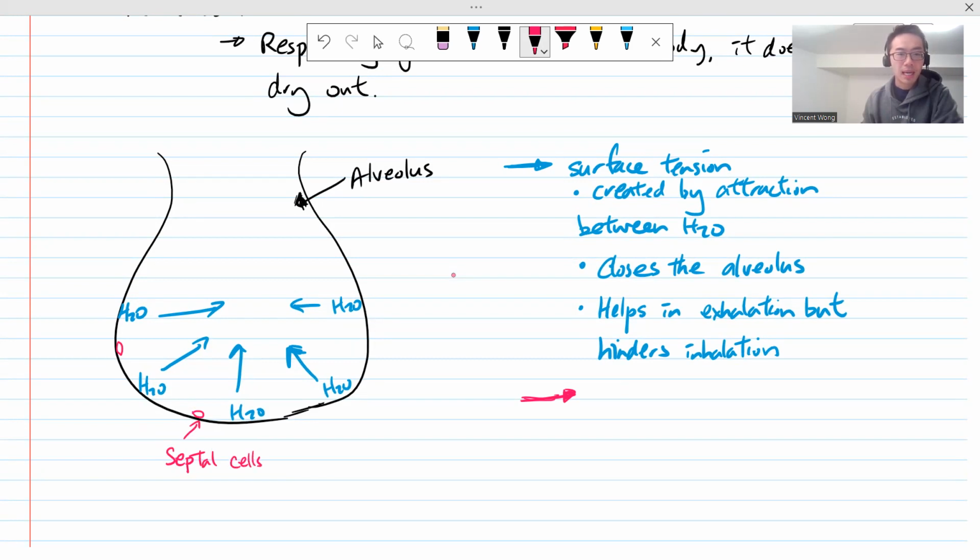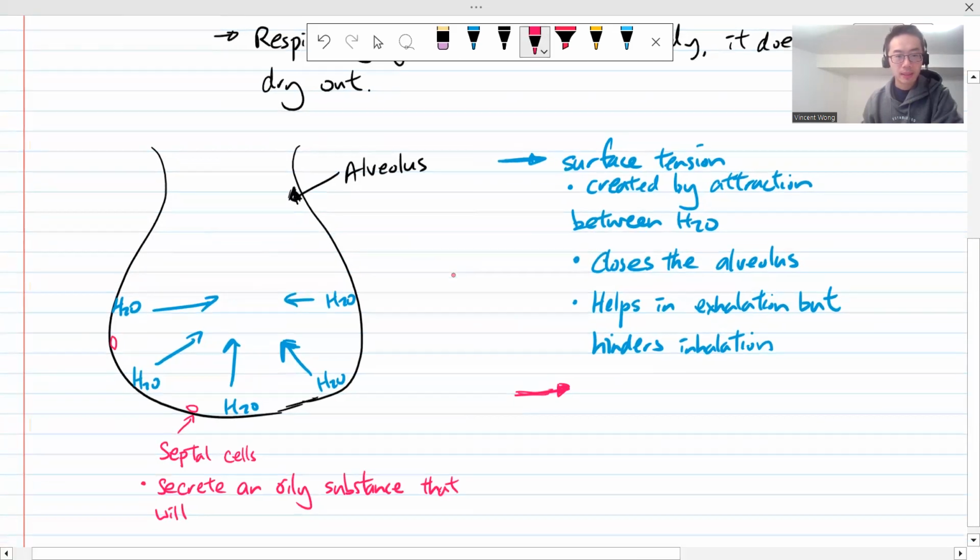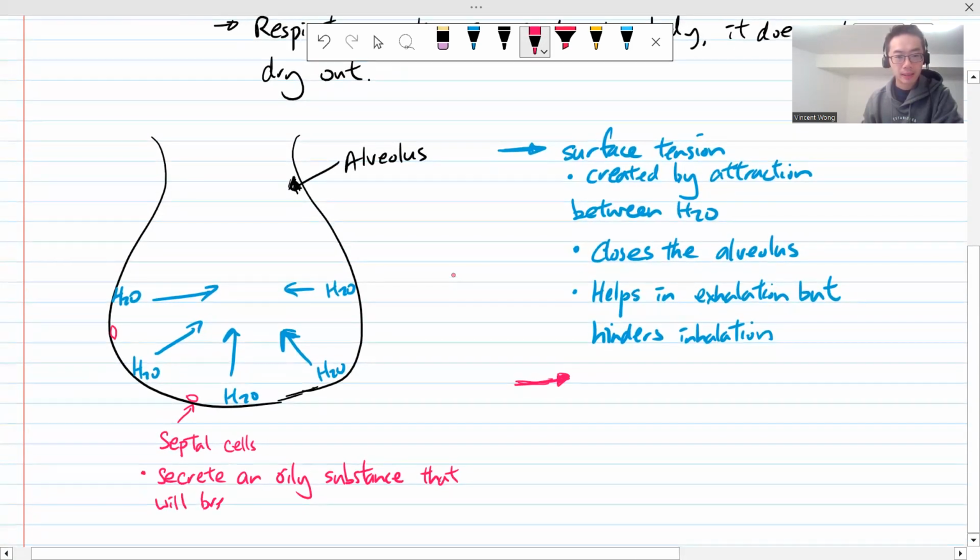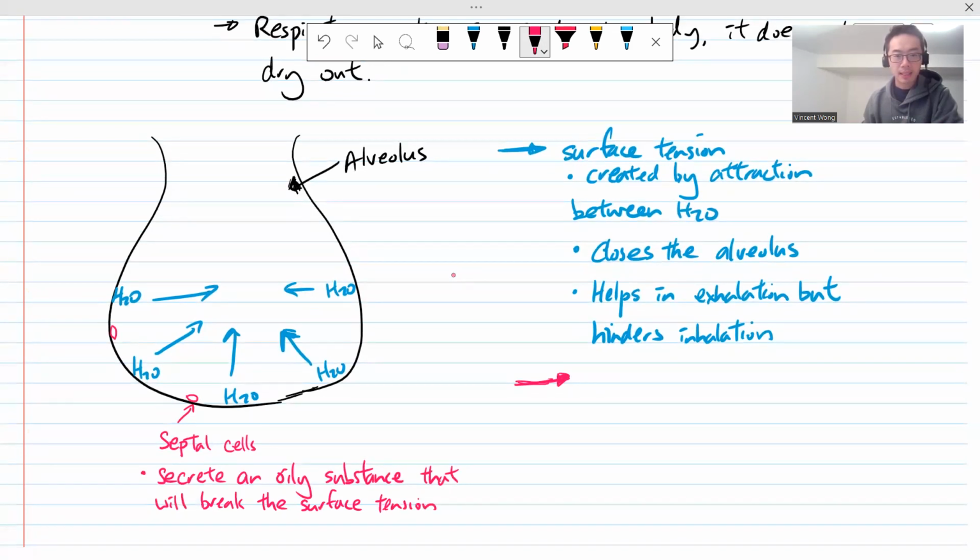The septal cells secrete an oily substance that will break the surface tension. Because oil and water, right? They don't mix. Okay, this oily substance is called surfactant.